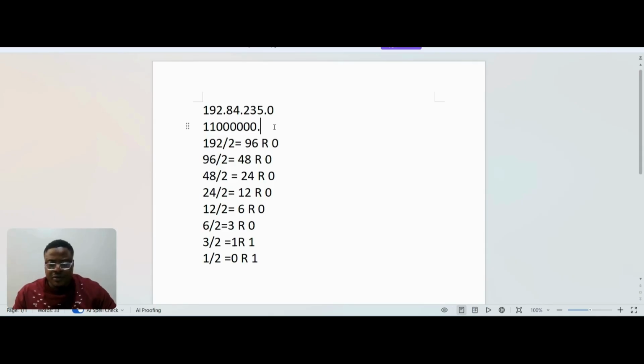With the same method, the binary number for 84 will be 01010100, and the binary number for 235 will be 11101011. The binary number for 0 is 00000000 in an octet.